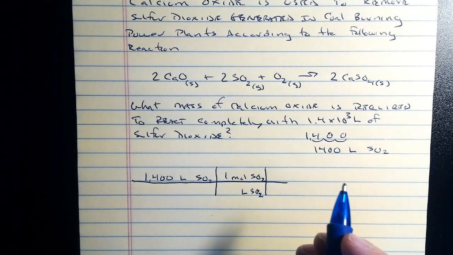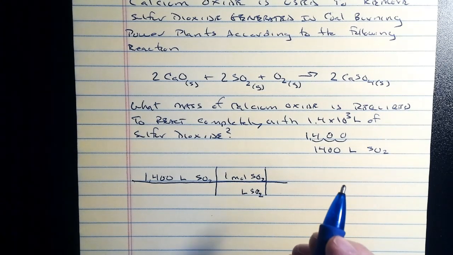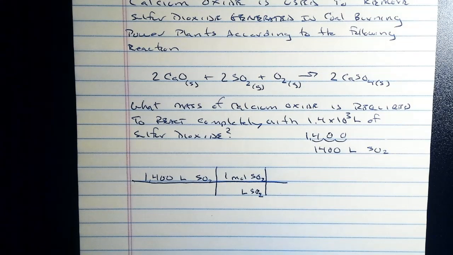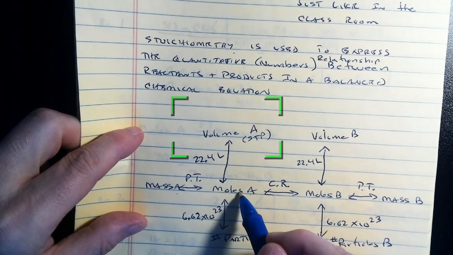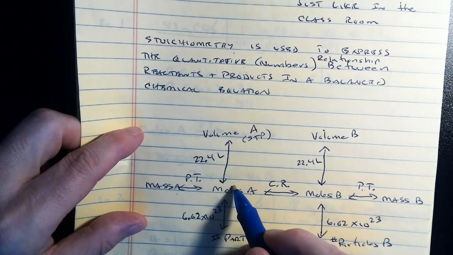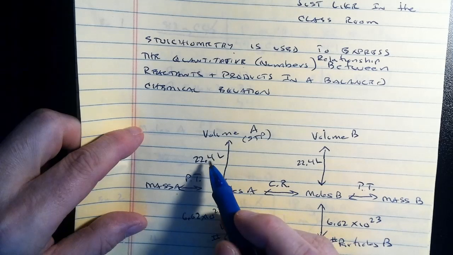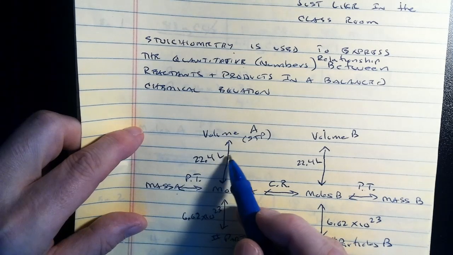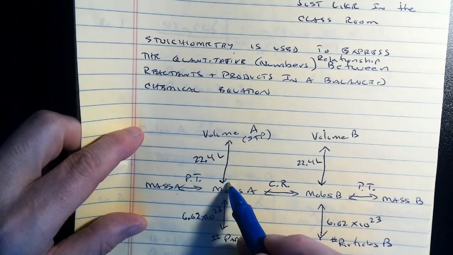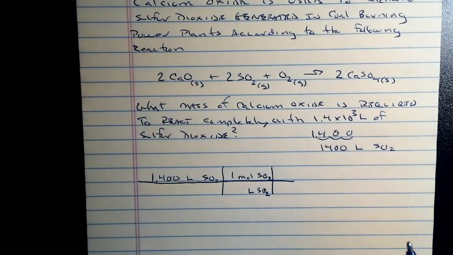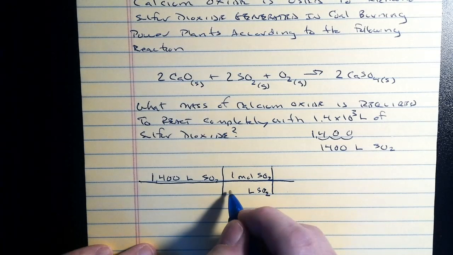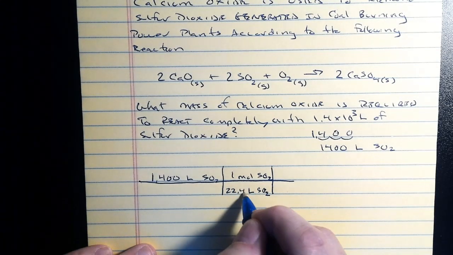So again, let's look at that roadmap. We're at liters, and we need to go down to moles. So we use 22.4 liters of any gas is equal to 1 mole of that gas. That's what we're using in this first step. So here it is, and we're going to put 22.4 right here.